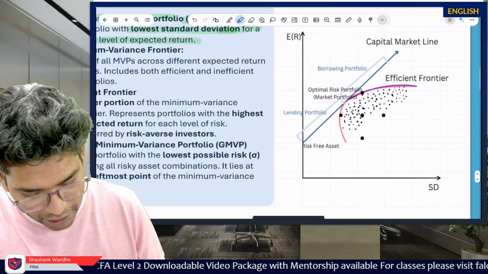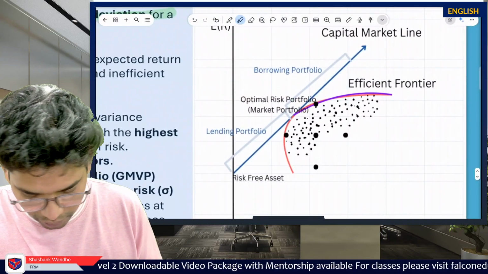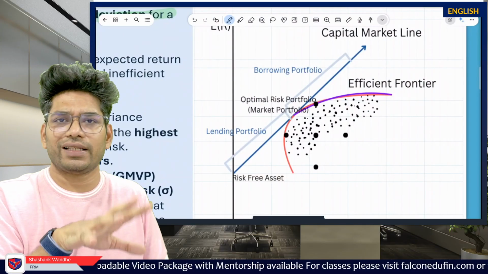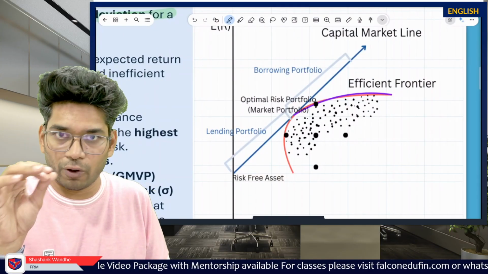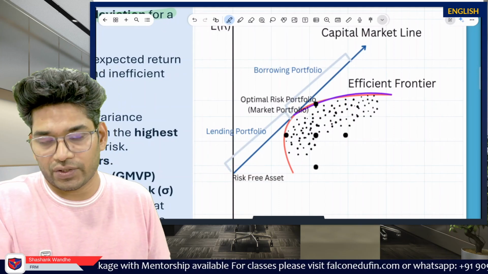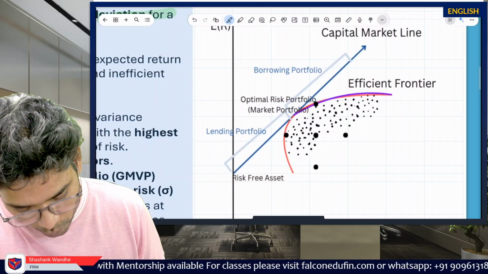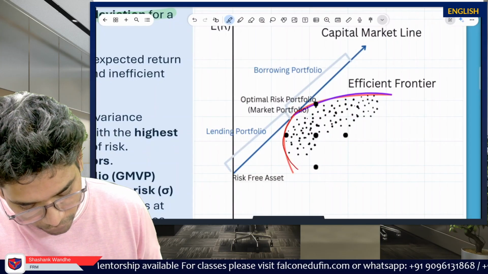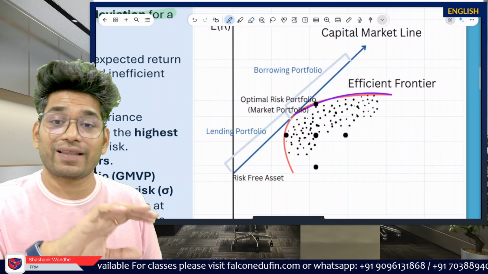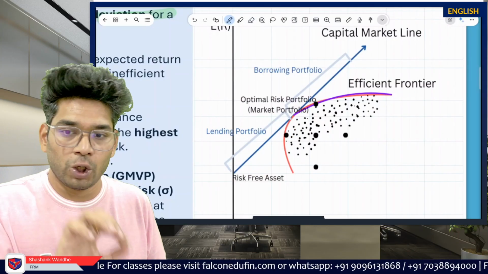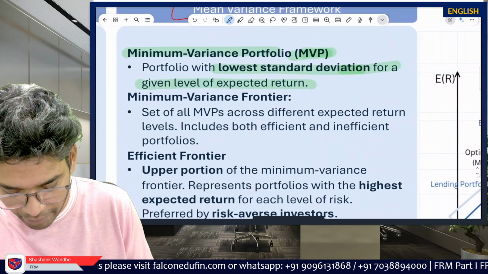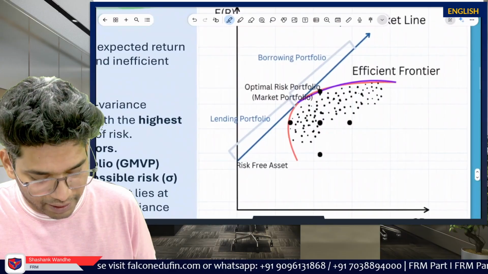If you see this particular chart or graph, here all these dots represent the possible portfolios which you can create using the available market assets. Whenever you see any portfolio which offers the lower standard deviation for the same level of return, remember this, lower standard deviation for the same level of return, we will call them the minimum variance portfolios, MVPs.